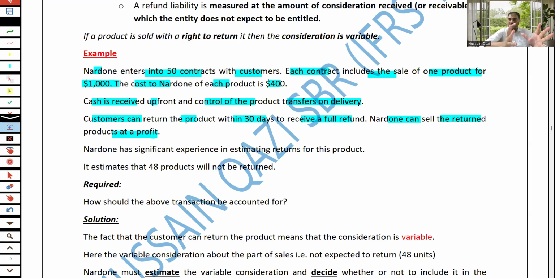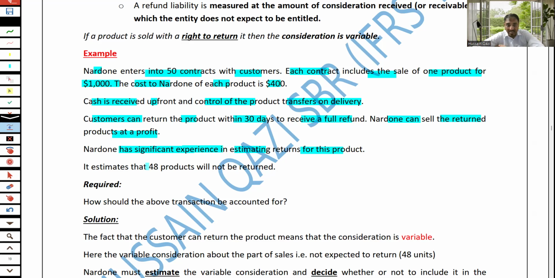It means the customer can return the products and the seller, that's Nardone, will pick up the product and then sell it to another customer. Nardone has significant experience in estimating returns of this product. Significant experience is the indicator for the decision and the estimation as well.